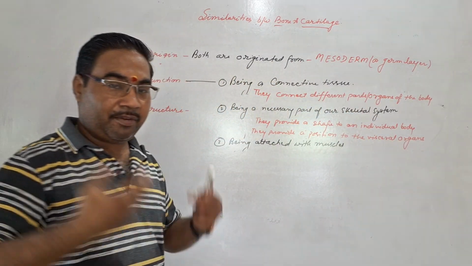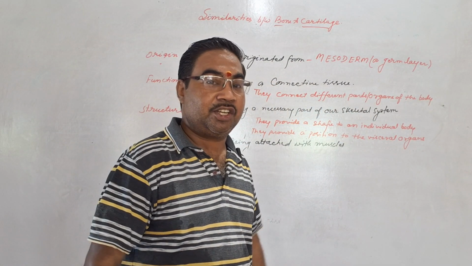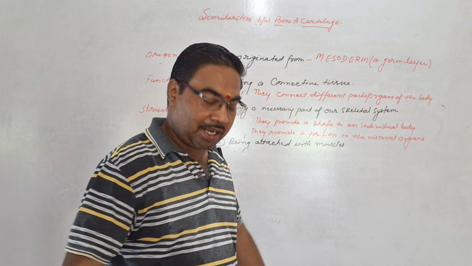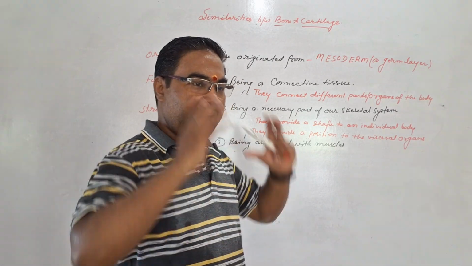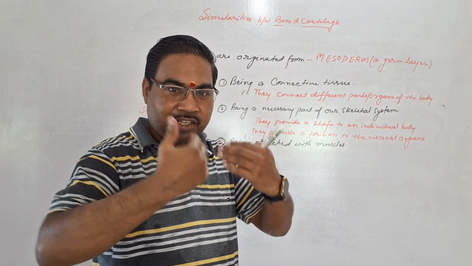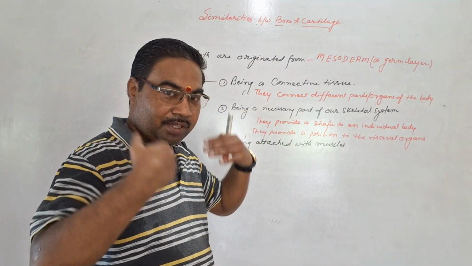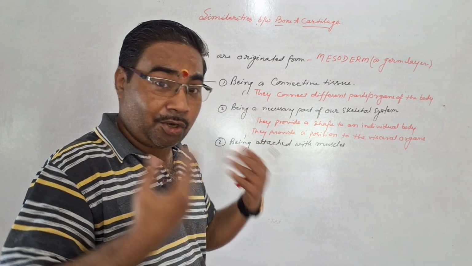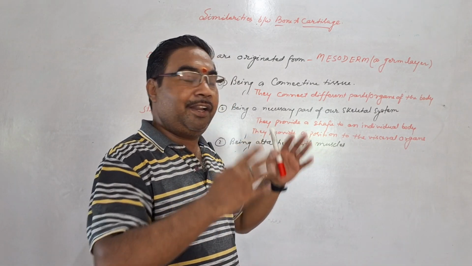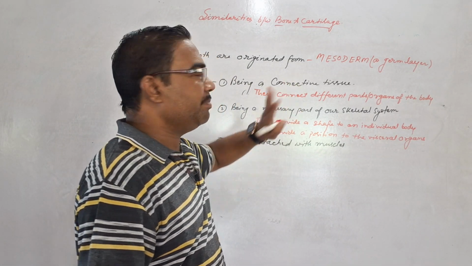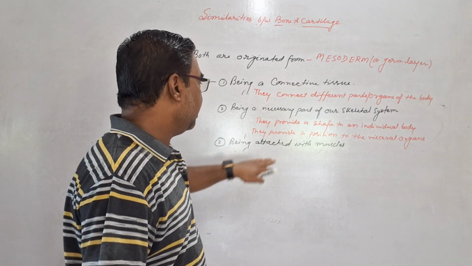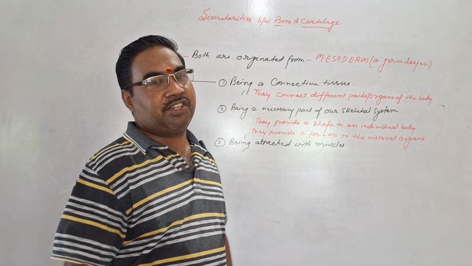That means if our body appears like this, with two limbs separated, the trunk, and the head separated, my face appearing like this, each and every shape of any individual, not only a human being, is decided by the skeletal system. Second, they provide a position to the visceral organs.